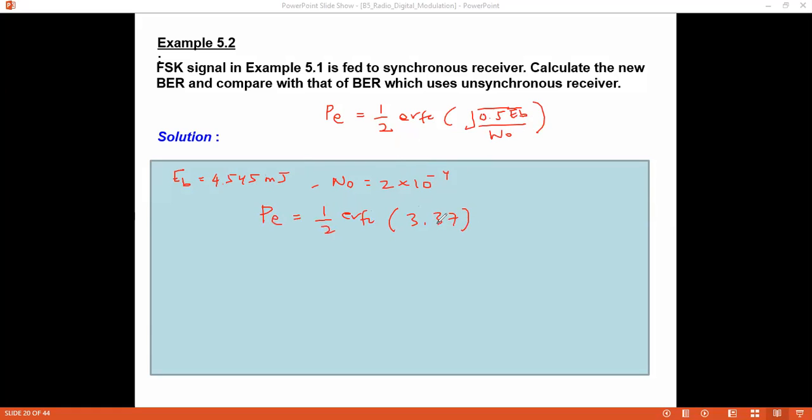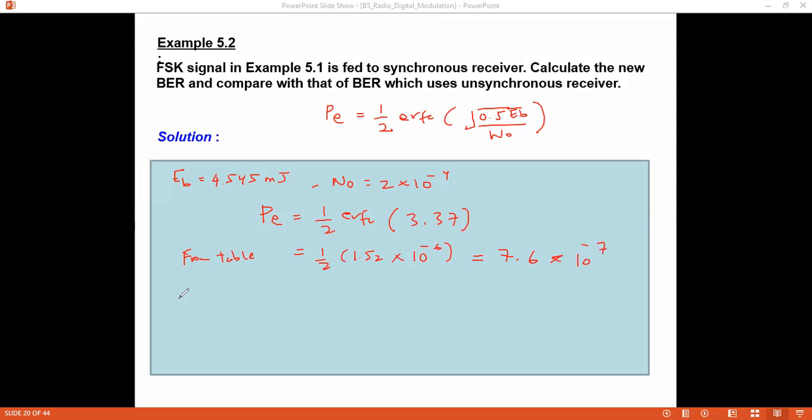If you look at the table that I shared in the Google Classroom, it's around 1.52 times 10 to the power of minus 6. So this is equal to 7.6 times 10 to the power of minus 7.